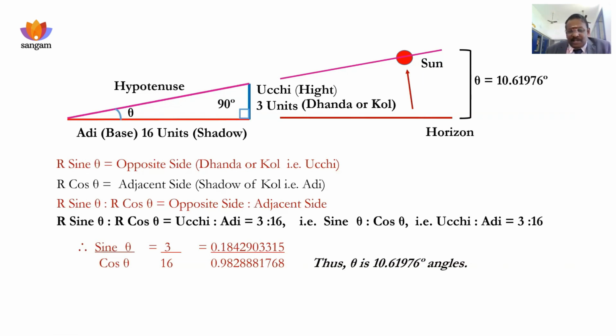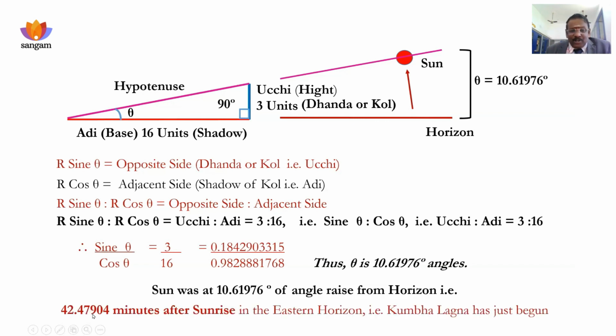In ancient Bharatiya calculation, 60 nalika. So for 360 degrees, 60 nalika, what will be the time for 10.61976 degrees? Then it is 42 minutes or 1 nalika, 46 vinalika and 12 tatpara. At that time the Kumbhalagna or Kumbhavara, the auspicious time, occurs.